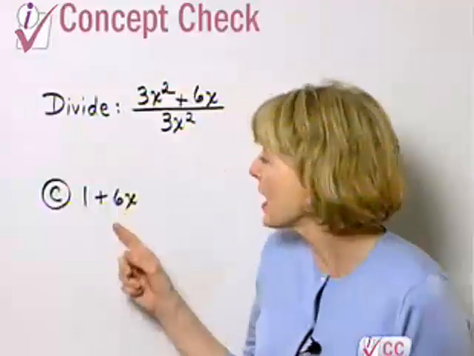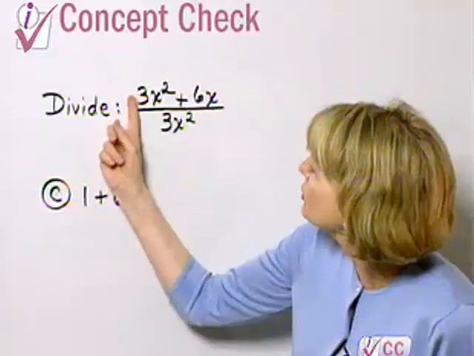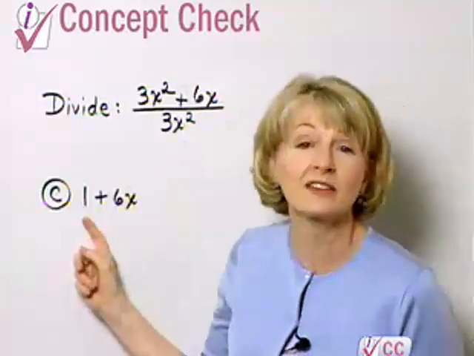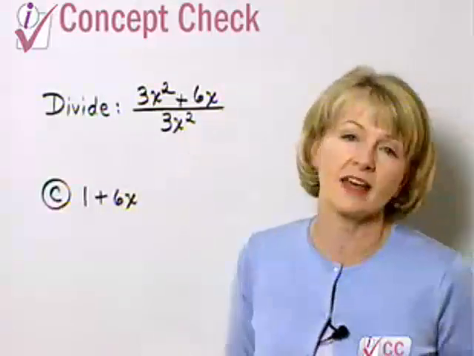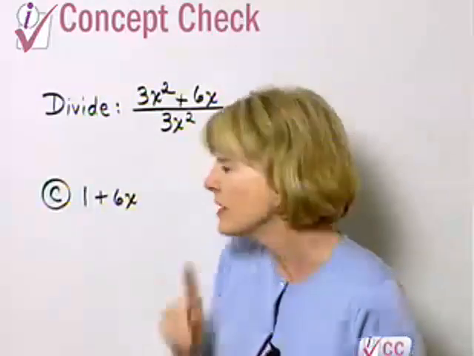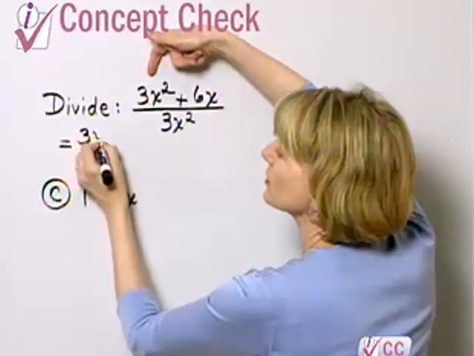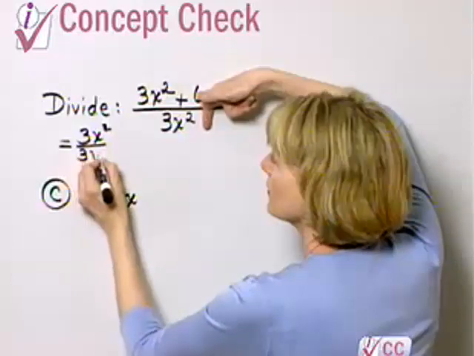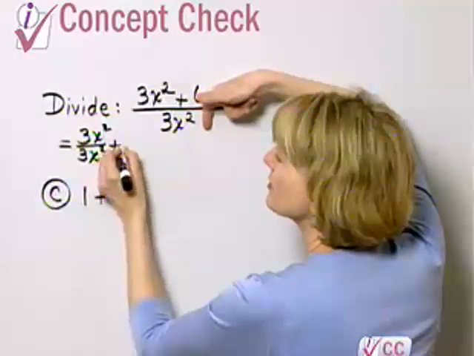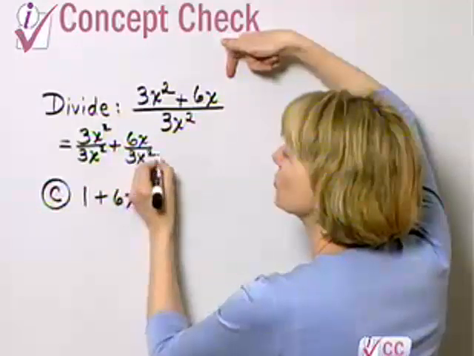Choice C is not the correct choice. Probably what happened was you looked at 3x squared over 3x squared and wrote that as 1, but still you have 6x over 3x squared. In other words, correctly, this becomes the first term, 3x squared over this monomial in the denominator, plus 6x over 3x squared.